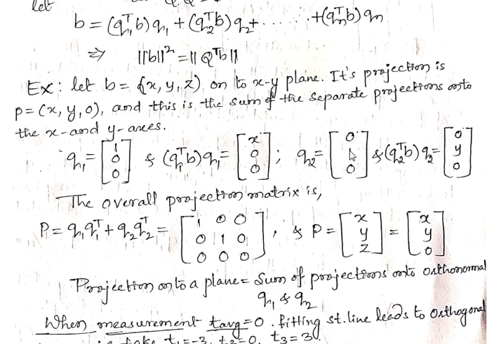Similarly, Q2 corresponds to the y axis, and Q2 transpose B Q2 is going to be this, and when we sum these, we get this, and Q into Q transpose is going to be 1 0 0, 0 1 0.